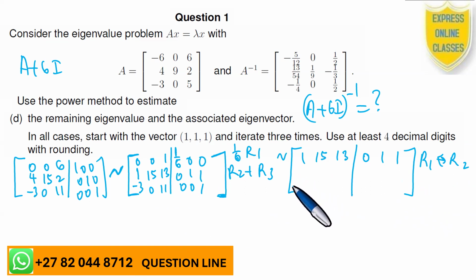And then here you're going to put 0, 0, 1. But you need to perform another operation. So here you can say row 3 plus 3 row 2.